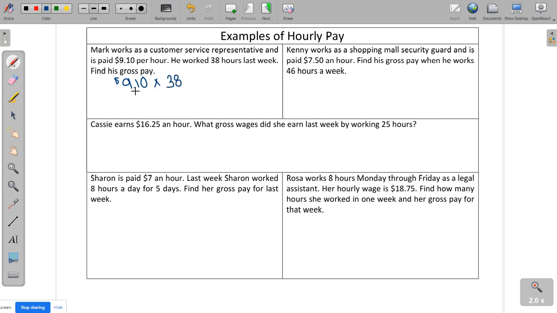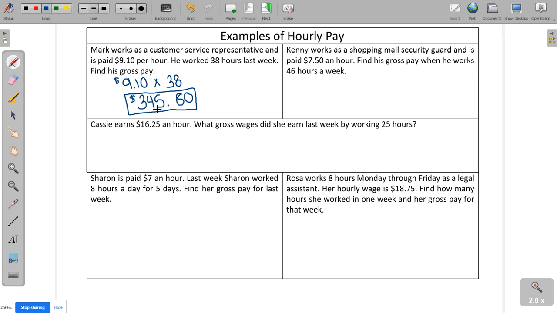So 9.10 times 38 gives us $345.80. Since we have the basics of multiplying with decimals, we can use our calculators now to solve these problems.